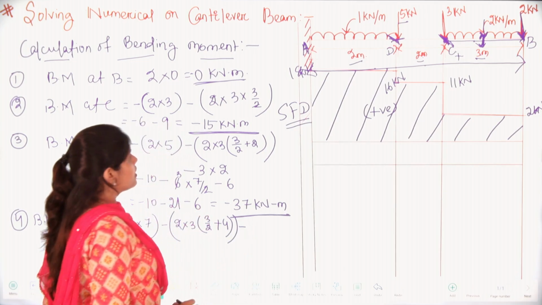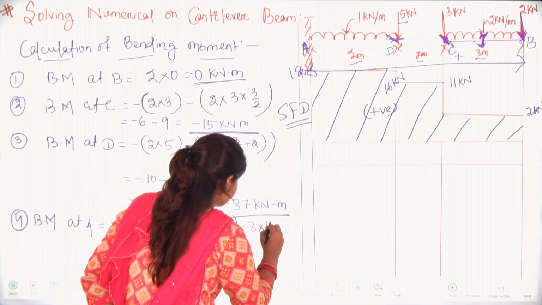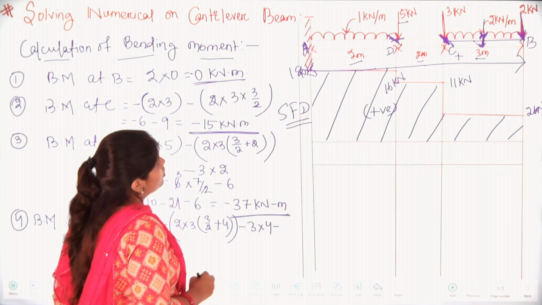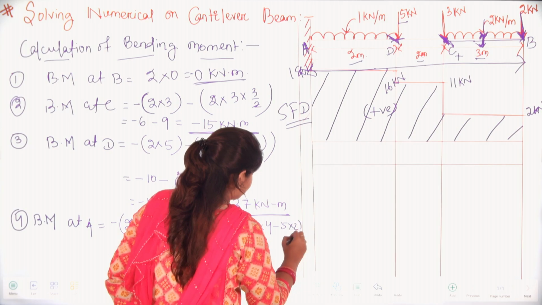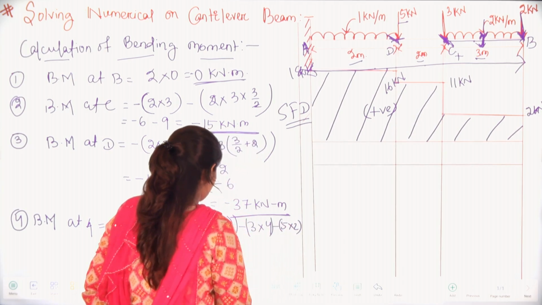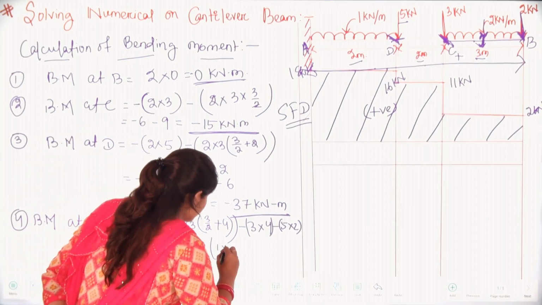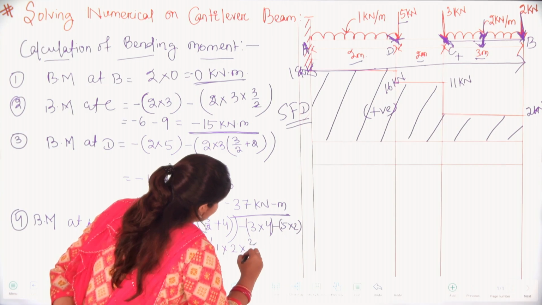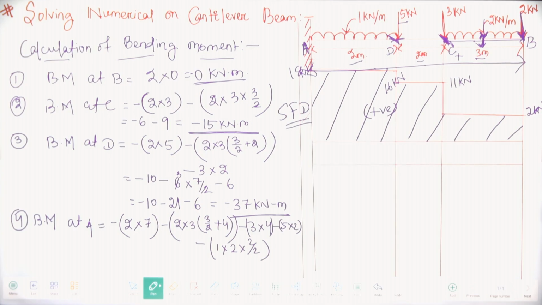Again minus of 3 into 4, minus of 5 into 2, again minus of 1 into 2 into 2 by 2. You can see the calculation here.